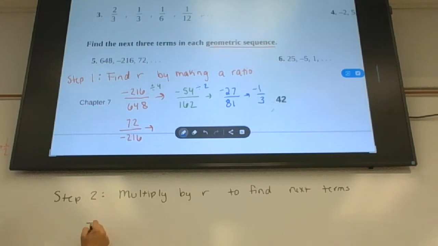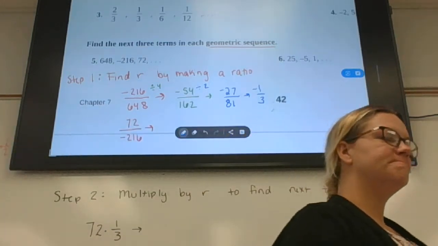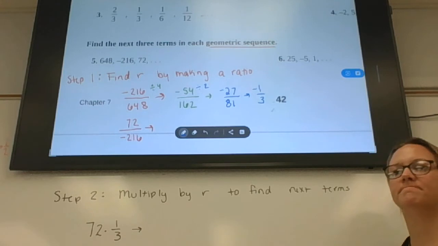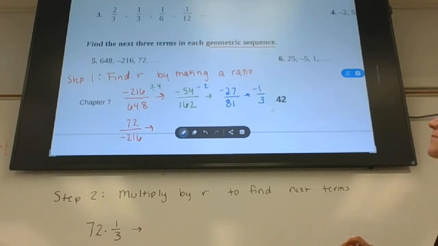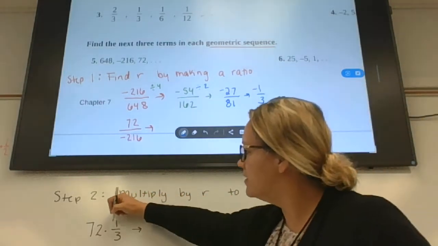So we'll do 72 times 1/3, which is the same as 72 divided by 3. Negative 1/3, this is negative.